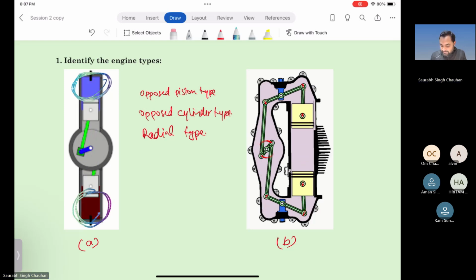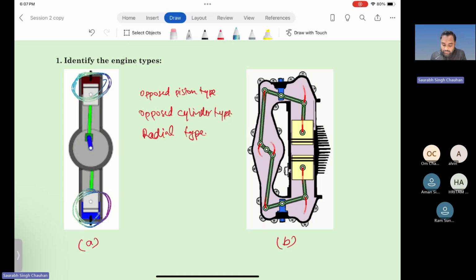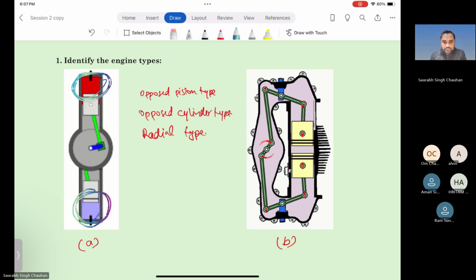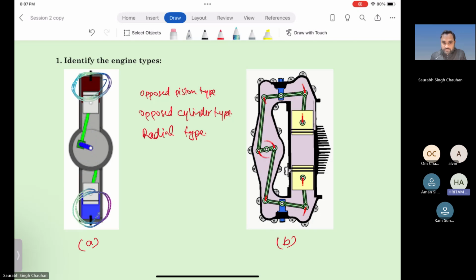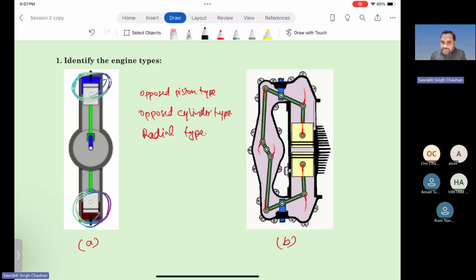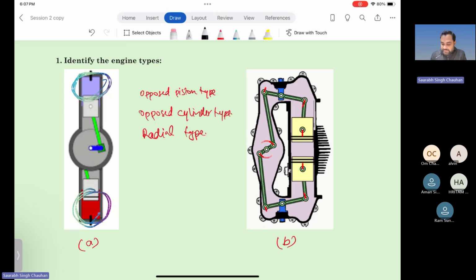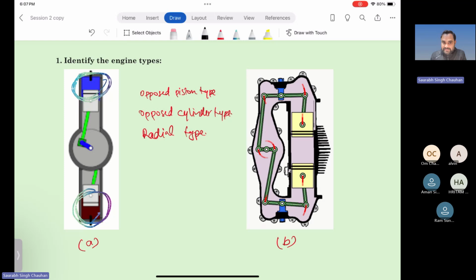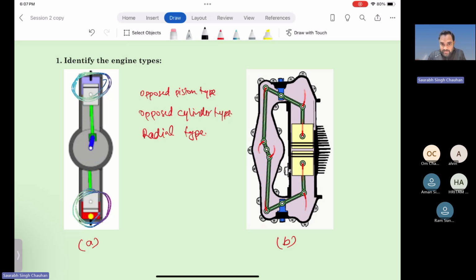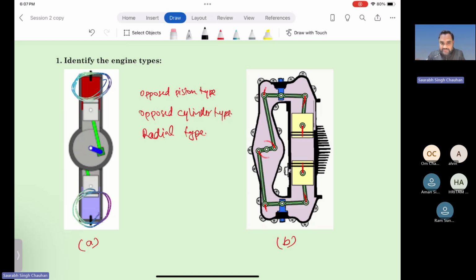And what about this animation B? Is this a radial or opposed cylinder or opposed piston? Sir, opposed piston. Yes, this is opposed piston. Why? Because they are in the same cylinder, but two pistons, right? And they are moving in different directions. When one piston is going upward, the second piston will be going downward, right?